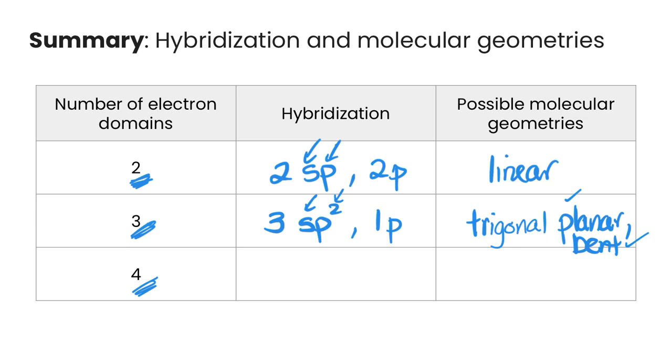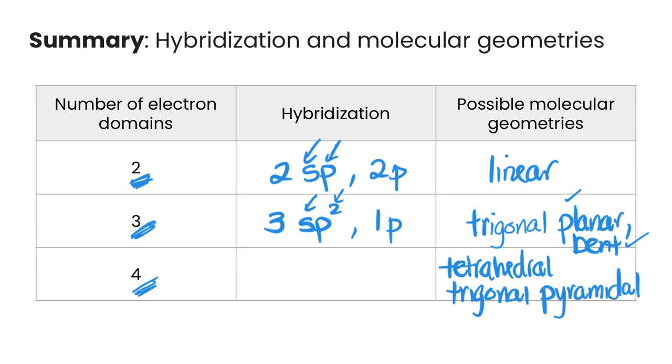And then finally, for 4 electron domains, this is our tetrahedral. This is also our trigonal pyramidal. And this is also our other bent shape, so the one with 2 lone pairs of electrons. This is always going to create 4 hybrid orbitals that are sp3 hybridized, and then there are no p's left over because we've used up all the p's here now.